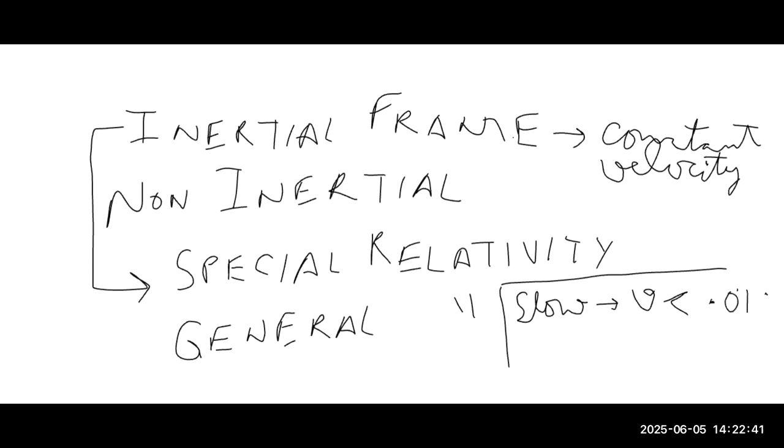So if something is moving at a speed less than or equal to 1% of the speed of light, then we consider that to be a slow speed at which we don't need special relativity. We can use classical mechanics. And such speeds are known as non-relativistic speeds. However, if an object is moving at a greater speed, then we do need special relativity, and those speeds are known as relativistic speeds.